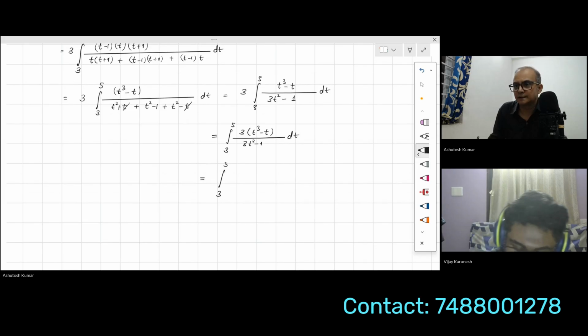So what we can write here, let's see. I can write 3t squared minus 1 times t. So what do we get here? 3t cube minus t, correct? But I need 2 more t, so that will become minus 3t.